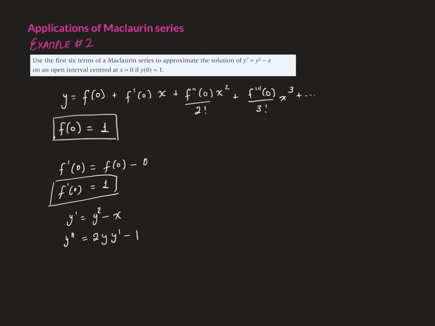When we evaluate at 0, we're going to get the relation f double dash of 0 is equal to 2 times f of 0 times f dash of 0 minus 1. We know these two are 1, so 2 minus 1 is 1. The second derivative at 0 is also 1. Now we're meant to do 6 terms, so let's do those derivatives really quickly.